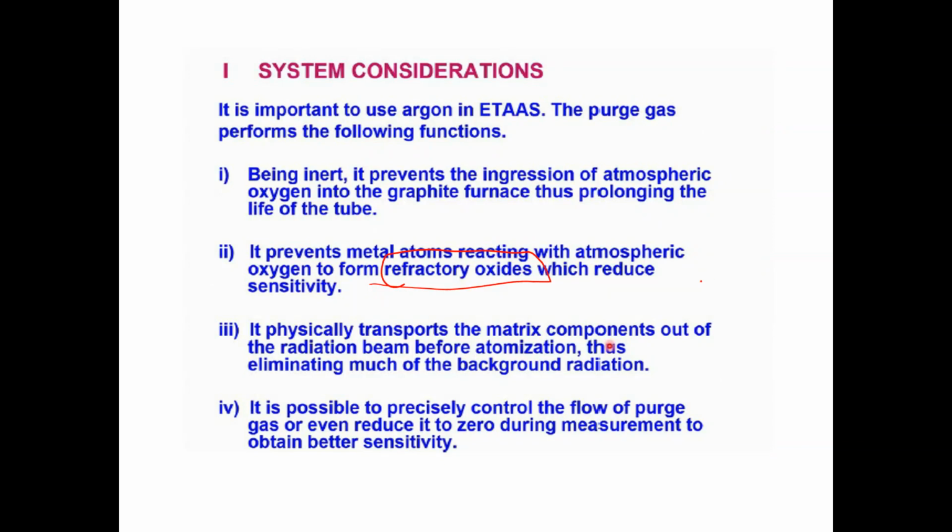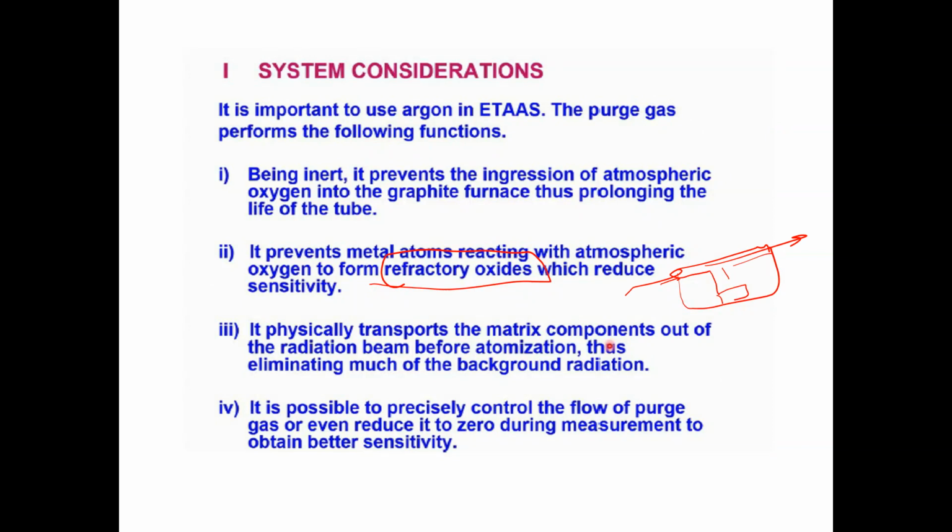In the configuration, this is a sample, and the argon flux is continuously running there, so that it transports the matrix components out of the radiation beam before atomization, right?